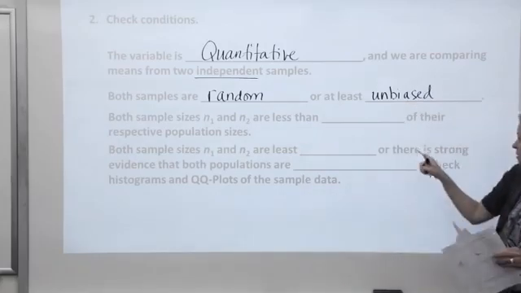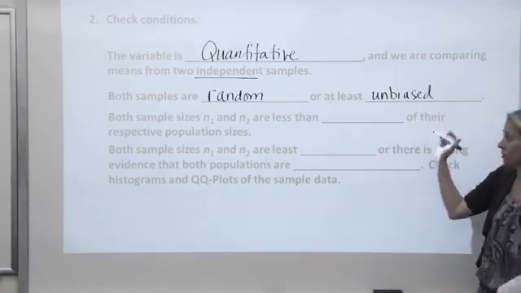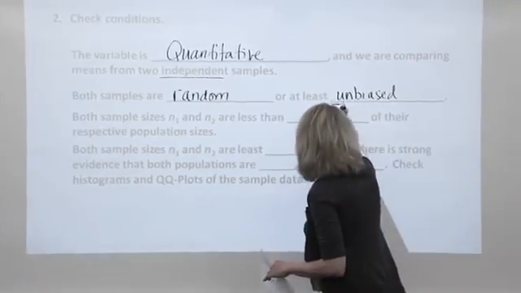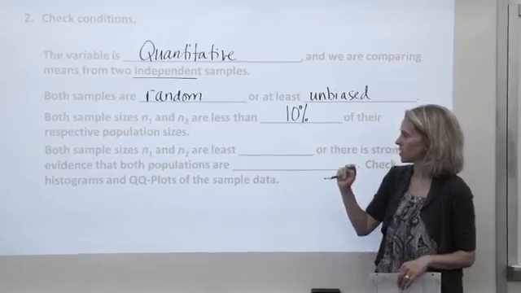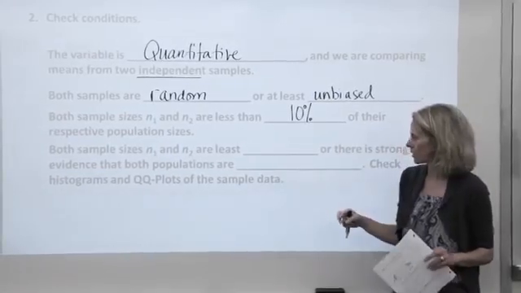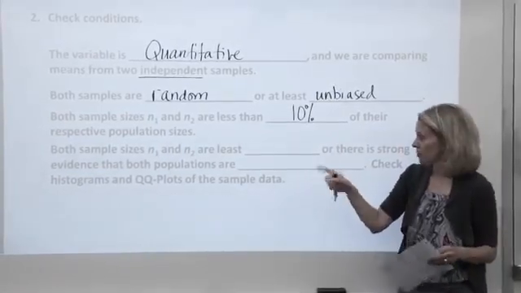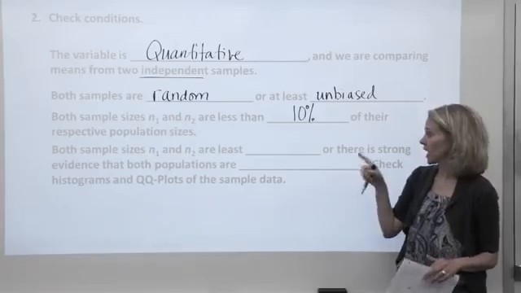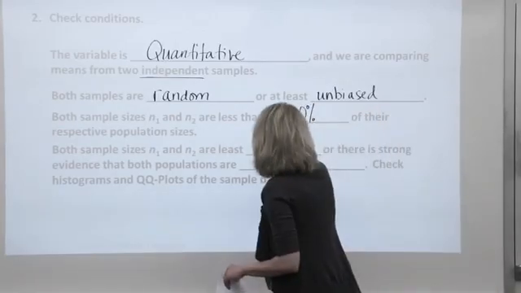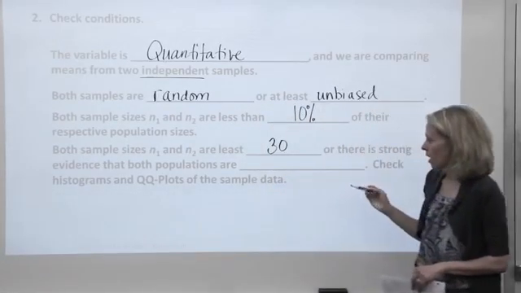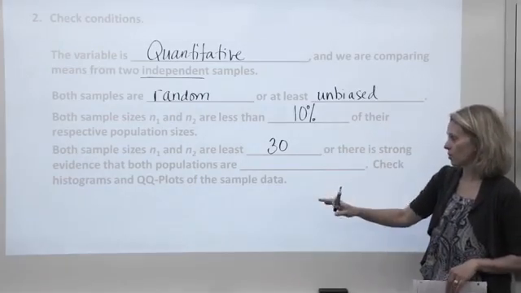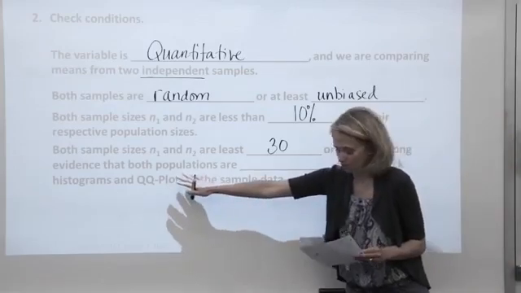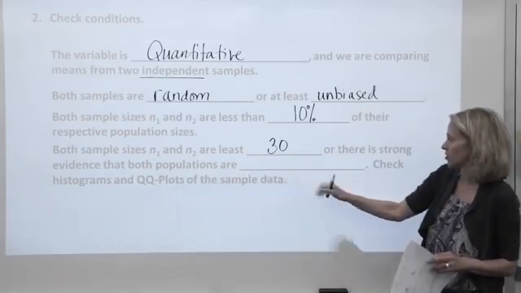Both of our sample sizes should be less than 10% of their respective populations. So same assumption we had with testing one mean, only now we have two samples. And so both of our sample sizes should also be at least 30. Or if one or both of your sample sizes are on the smaller side, then you want to find evidence that both of your populations are normal.